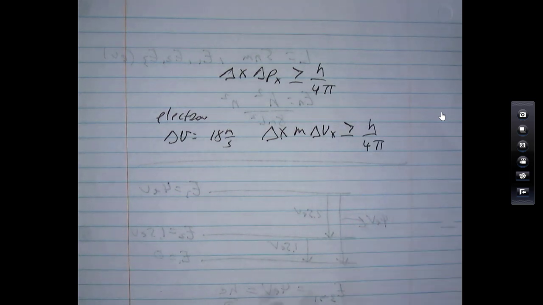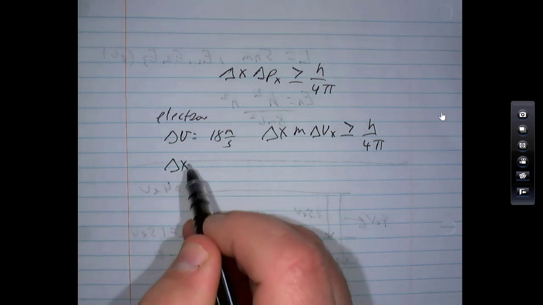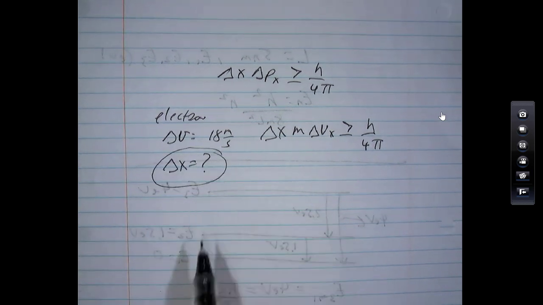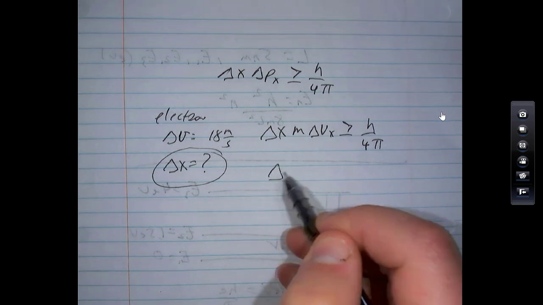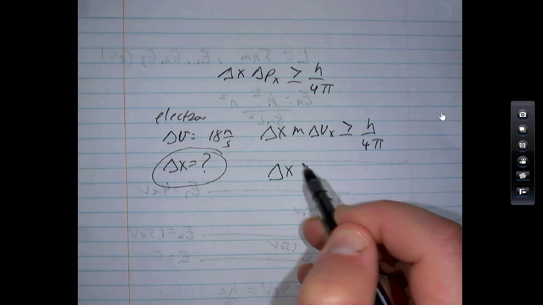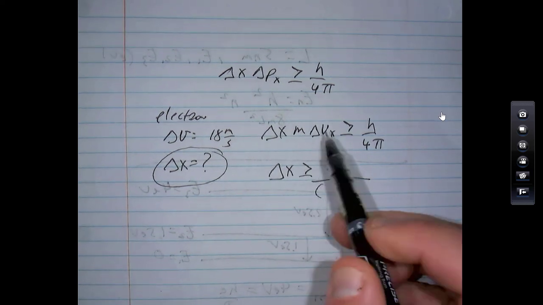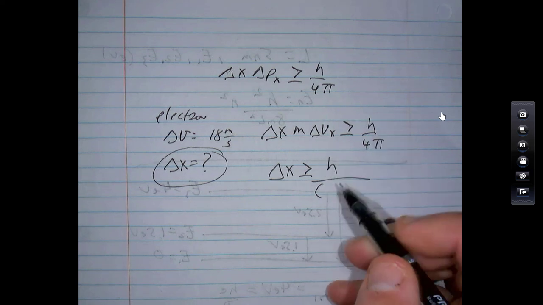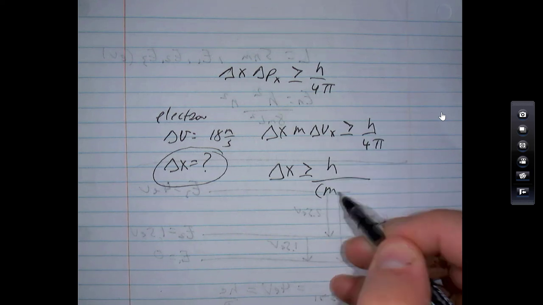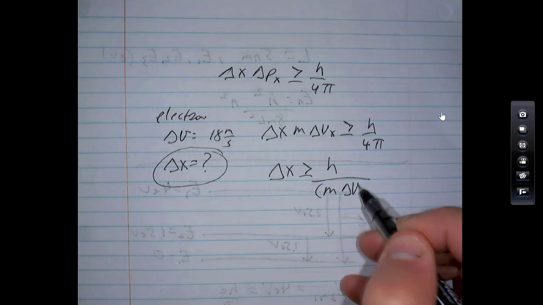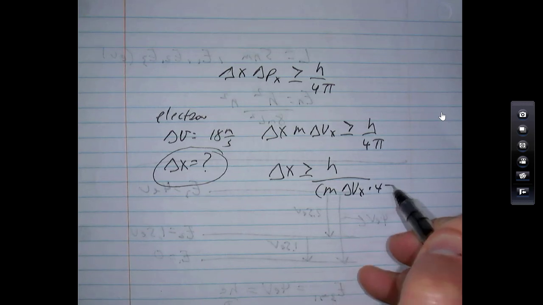And they're asking, what is the uncertainty in x? That's really what they're asking in this question. So we know everything except for what we're looking for. The uncertainty in the electron's position is greater than or equal to h, and then divide both sides by m times the uncertainty in speed. Don't forget we still have a 4 and a pi down there.